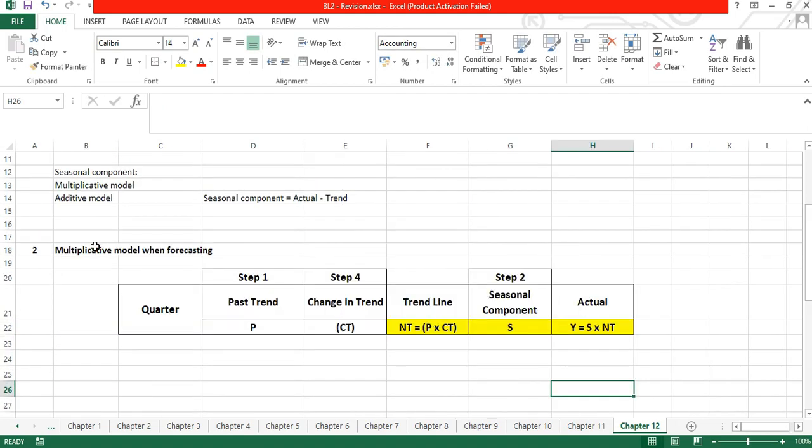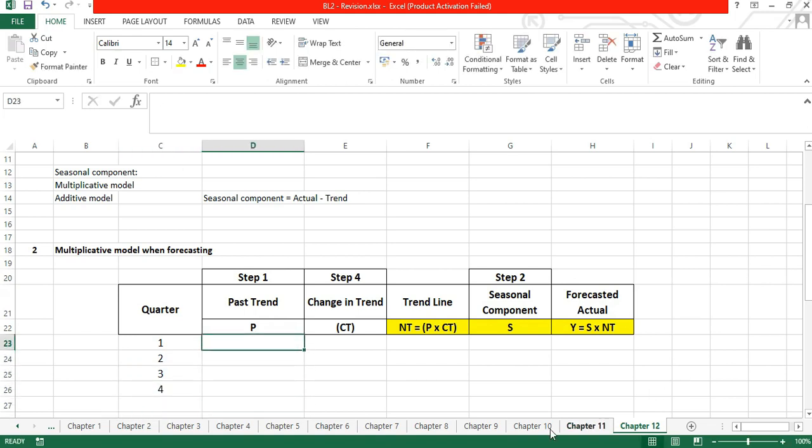When using the multiplicative model to find the forecasted actuals, you should follow the same format that we discussed during the lectures. So we have 4 quarters, and we'll have quarters up to 4.